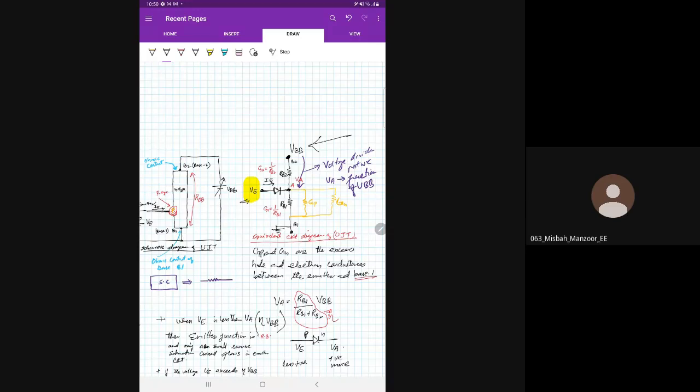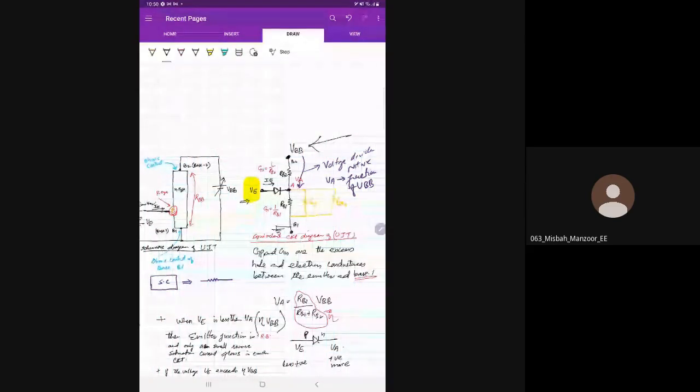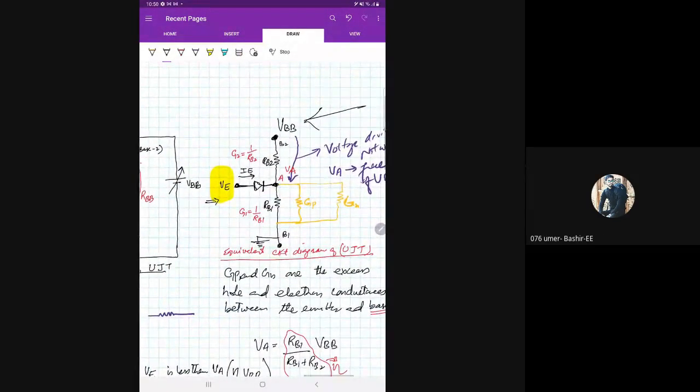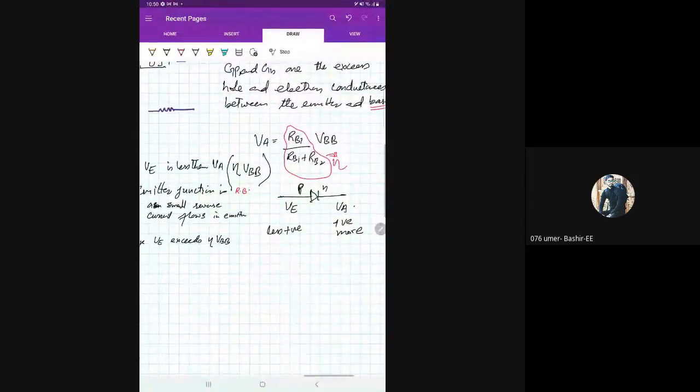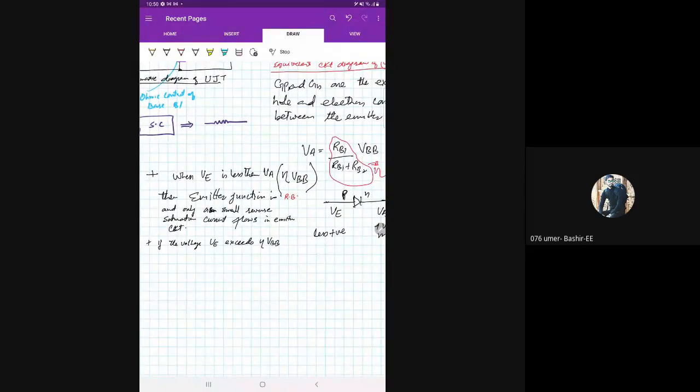Umar Bashir, roll number 76. If VE exceeds eta times VBB, or VA, what is the state of the diode? Sir, forward bias. Are you sure? Yes, sir, because the P side will be positive. Yes, the diode is forward bias. Very good. Then the junction is forward biased.